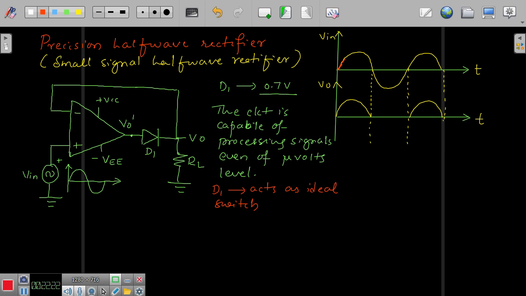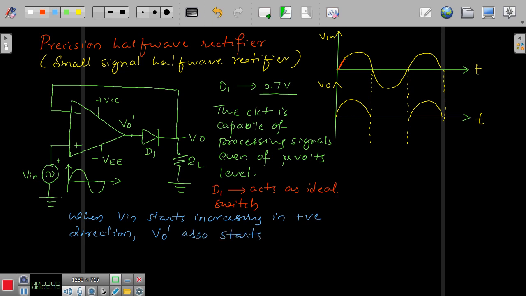So now very importantly here, the voltage drop across the diode, this is a very important point to be noted down, right? So when V in starts increasing in positive direction, V naught dash also starts increasing.